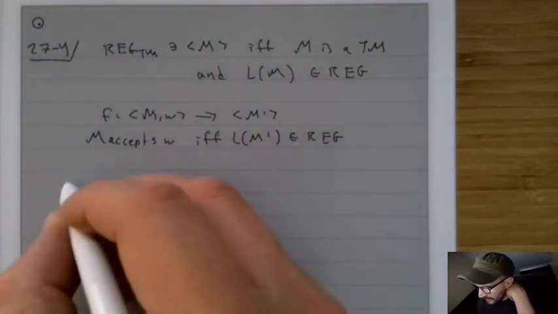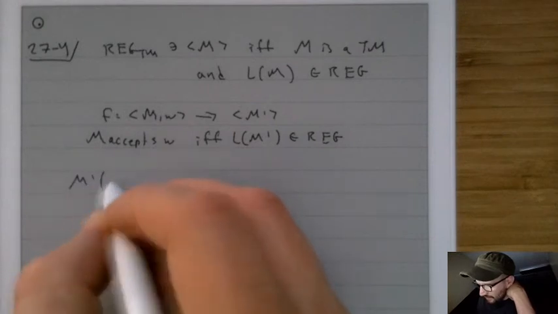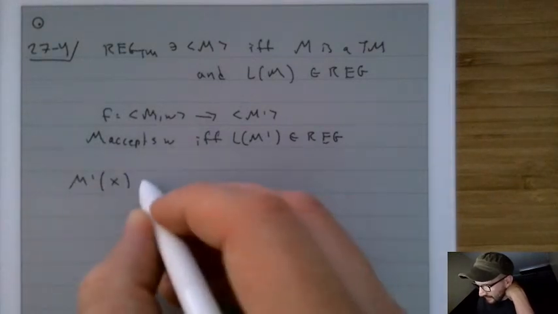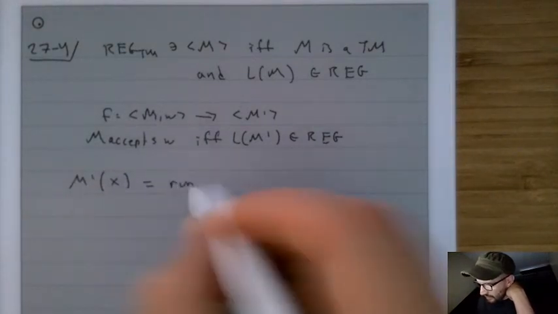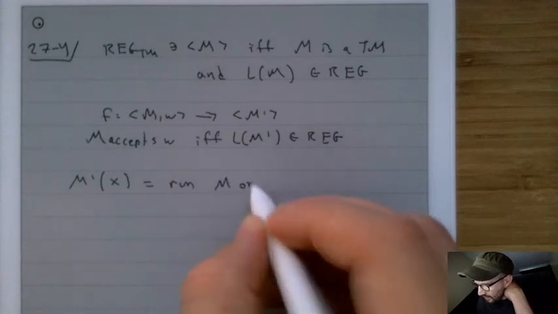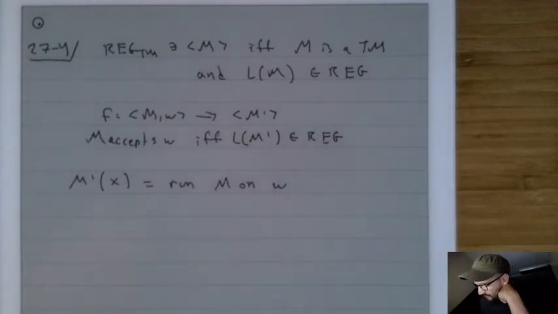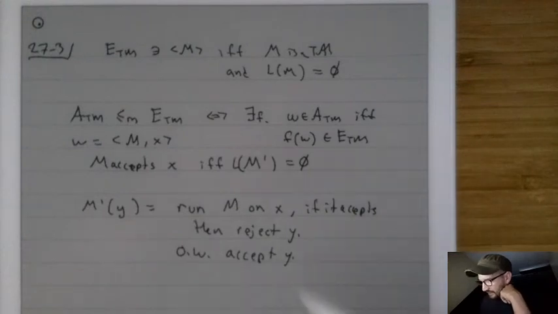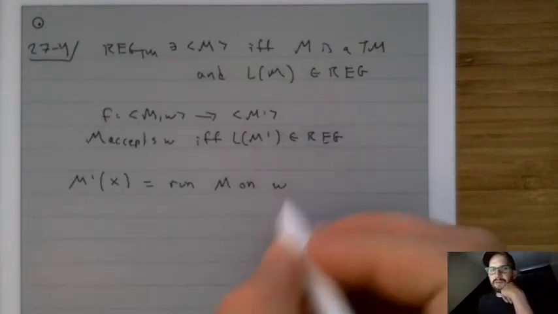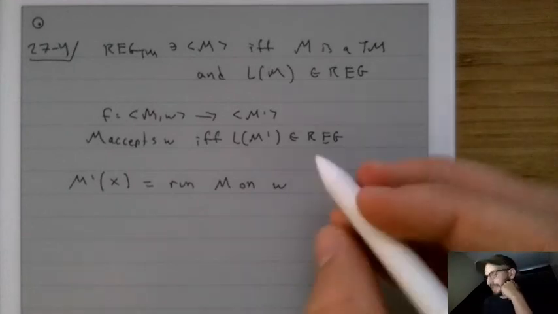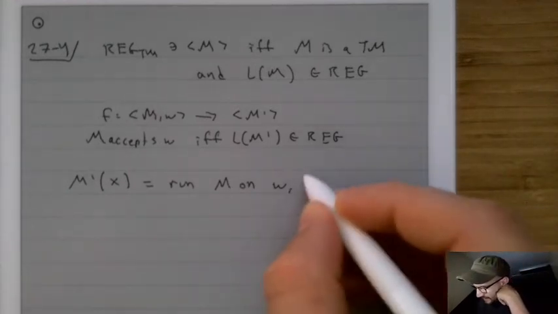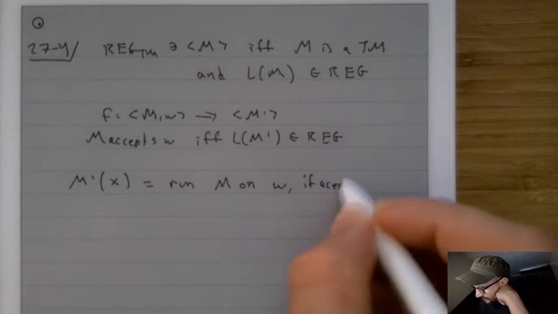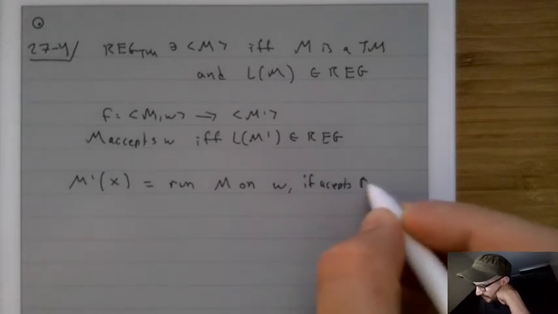What we'll do is we'll say that M prime of x is equal to: run M on w. I realize I just made a mistake. Oh no, never mind. Yeah. Run M on w, and if it accepts, then return yes.